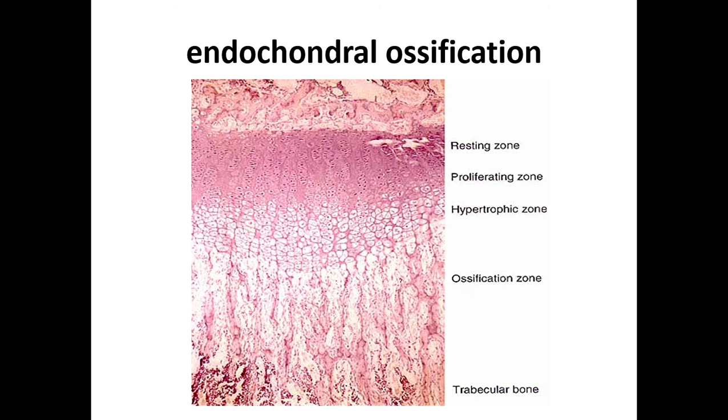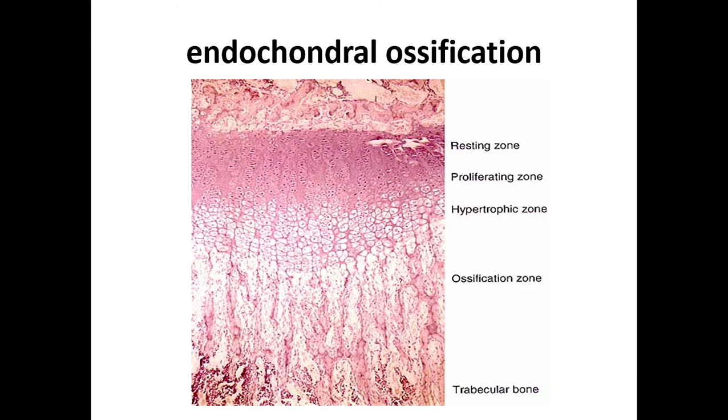Now in the resting zone, from the cartilage formation of the cells, there will be no changes of the cells. From young cells, until the cells grow in number, we have the proliferating zone, and some of the cells will grow in size.